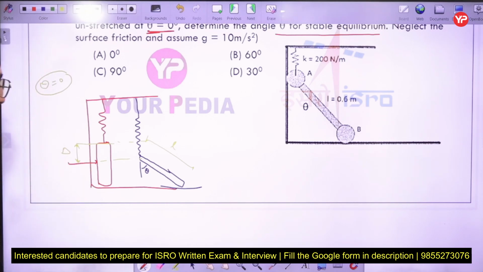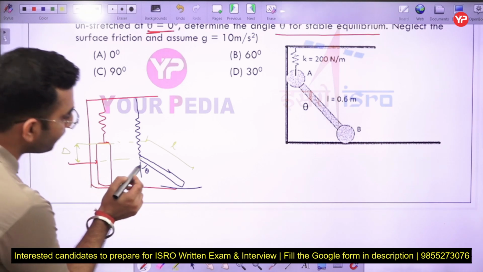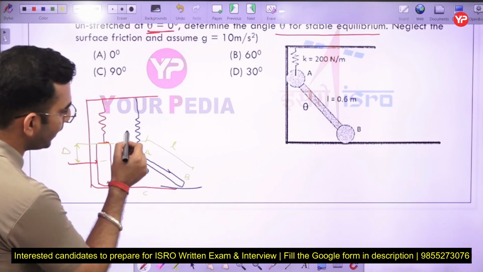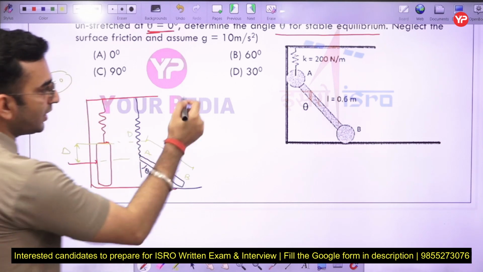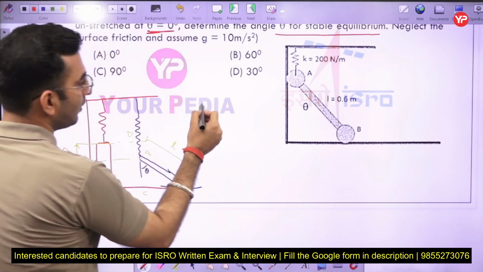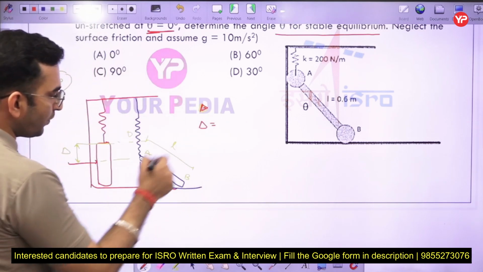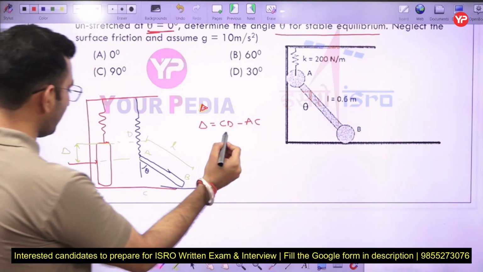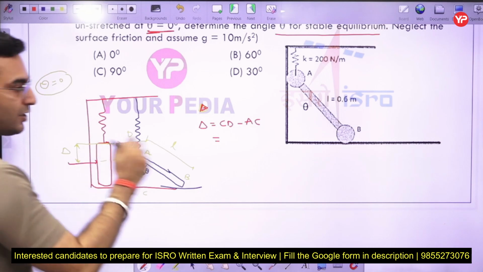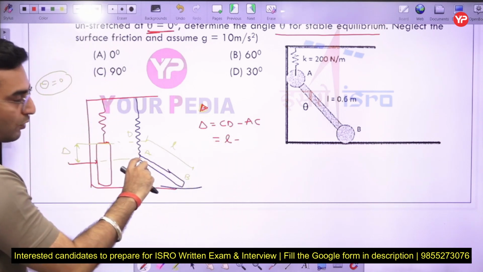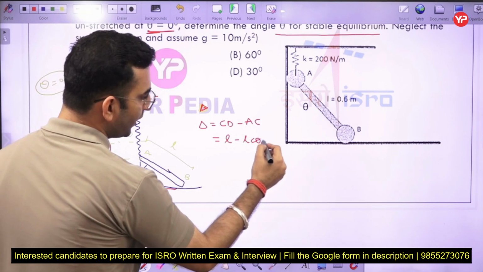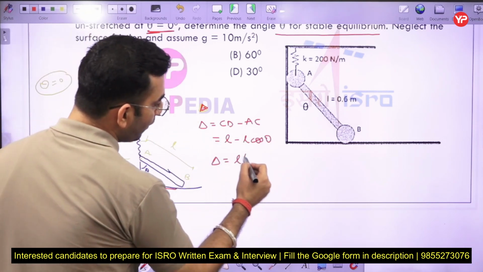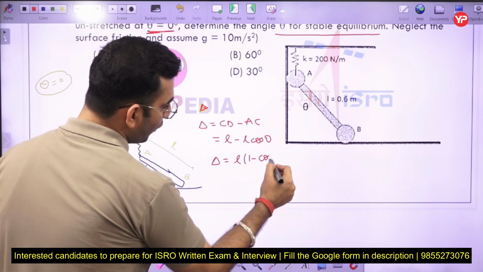If this is L, A, B, let us say C, and this is D, then delta is equal to CD minus AC, where CD is equal to L and AC is equal to L cos theta. So the spring has been elongated by a length of L times 1 minus cos theta.